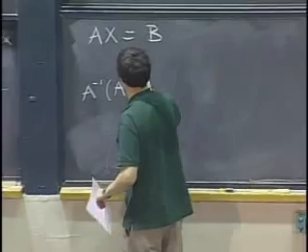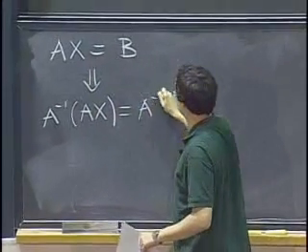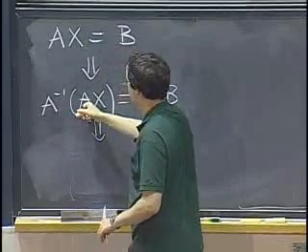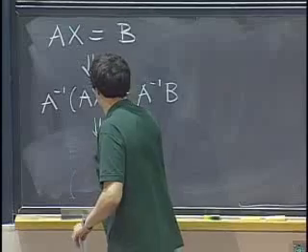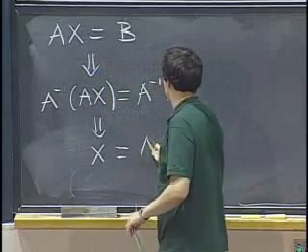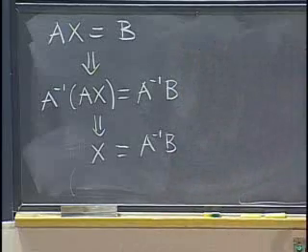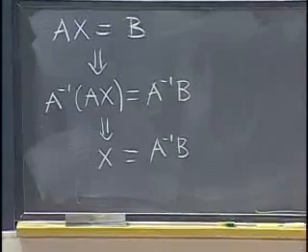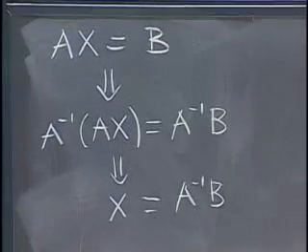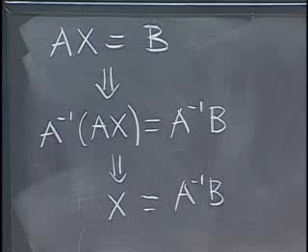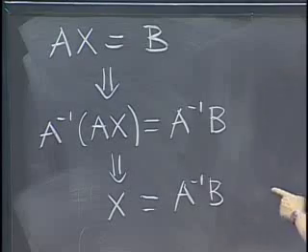A inverse times AX is A inverse B. And then, well, A inverse times A is identity. So I get X equals A inverse B. Okay, that's how I solved my system of equations. So if you have a calculator that can invert matrices, then you can solve linear systems very quickly. Now, we should still learn how to compute these things.